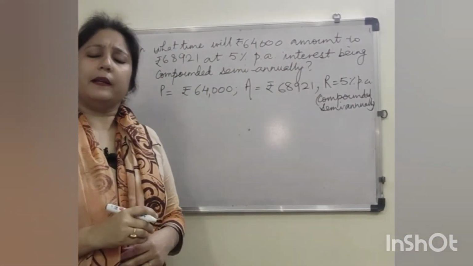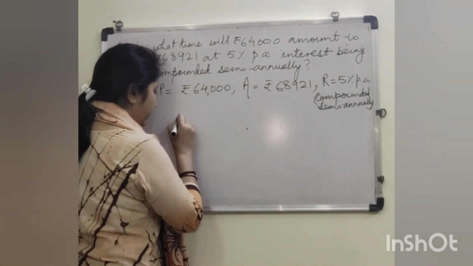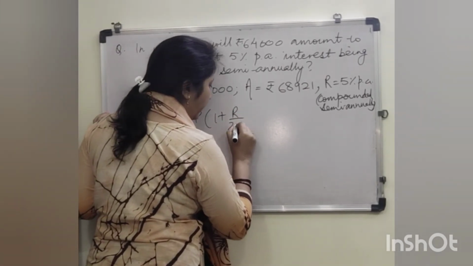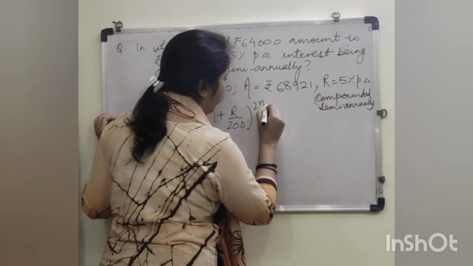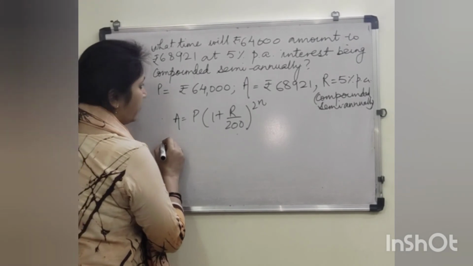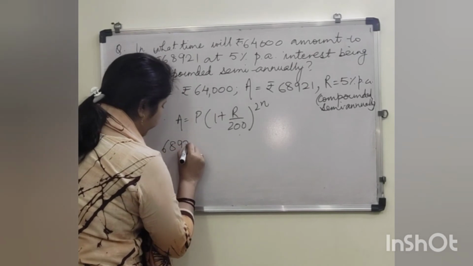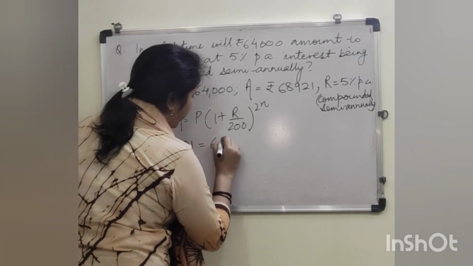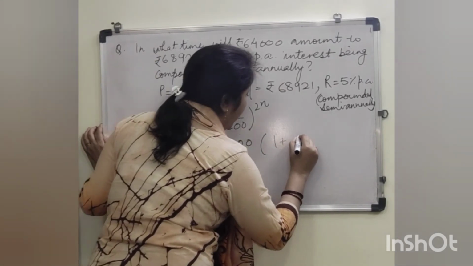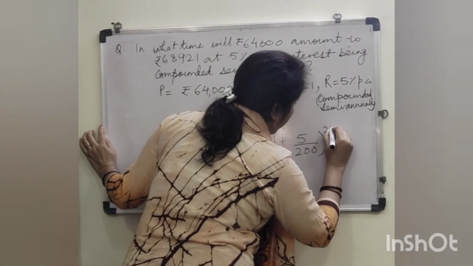Fine. So let's start the working. Let us write the formula. A is equal to P (1 plus R over 200) to the power 2n. We have written it. Let's put the values. So 68,921 is equal to 64,000 into (1 plus 5 over 200) to the power 2n.